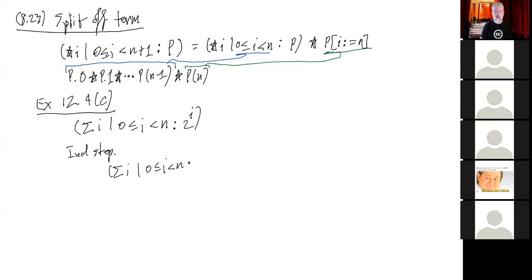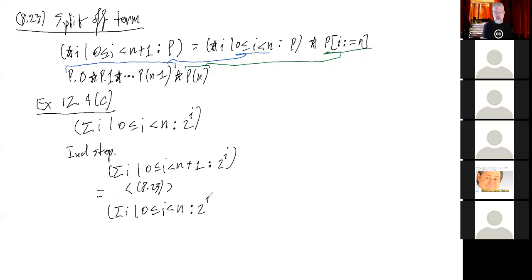Now here, because this matches 8.23a exactly, this is going to rewrite as sum over I, 0 at most I less than n, 2 to the I. That's this bit over here.